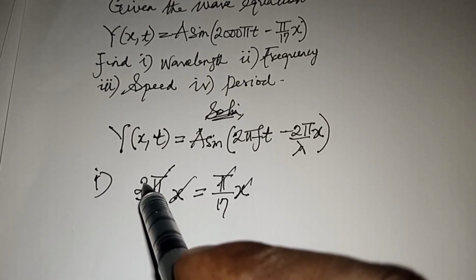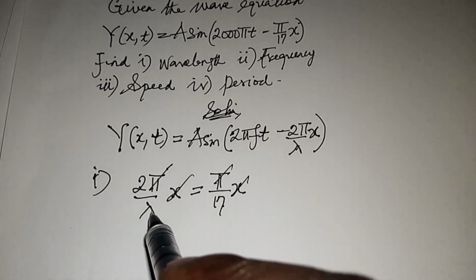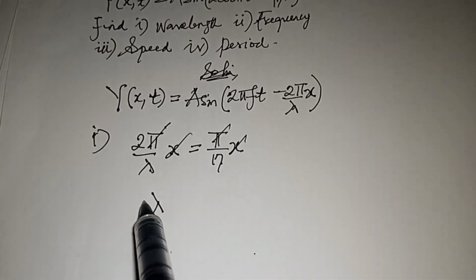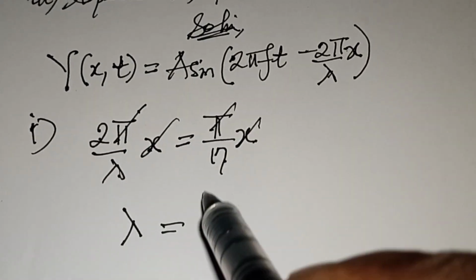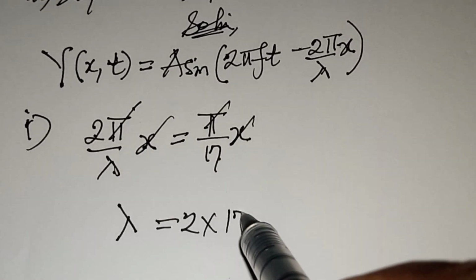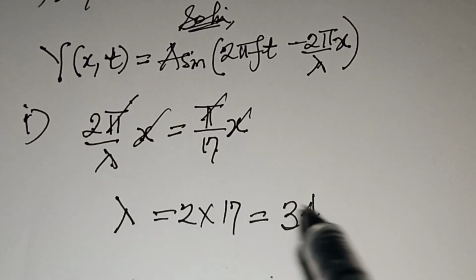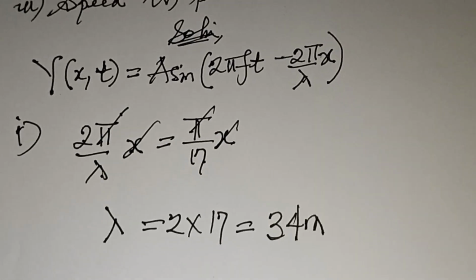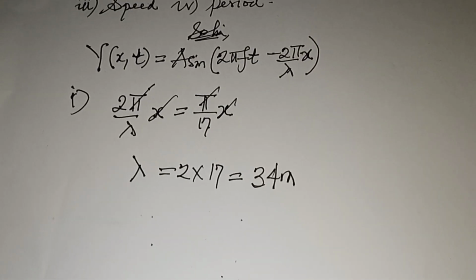What will be left is 2, 17, and lambda. To look for the value of lambda, you have to cross multiply 2 by 17. 2 multiplied by 17 will definitely give us 34. And what is the unit of this wavelength? That is in meters. So we're able to get a solution for that problem.